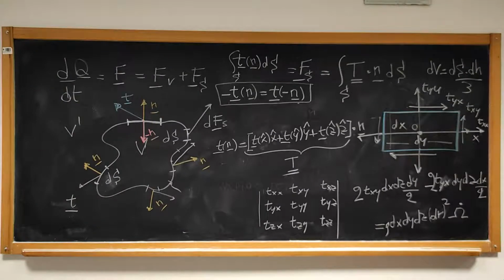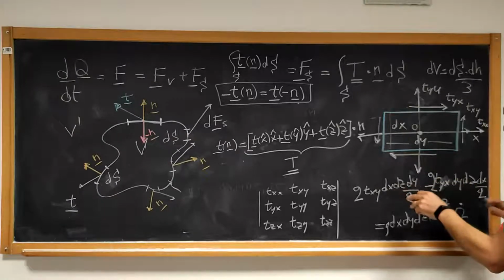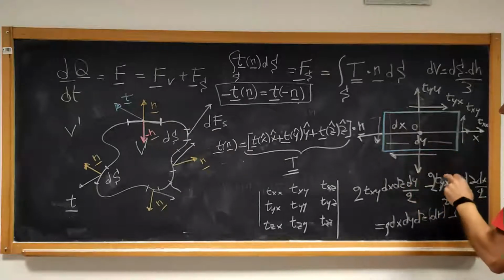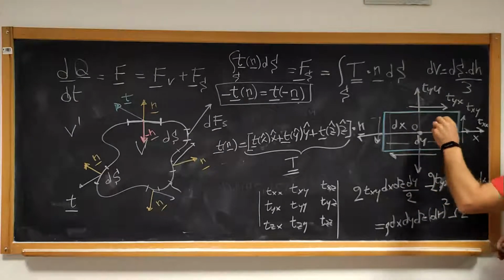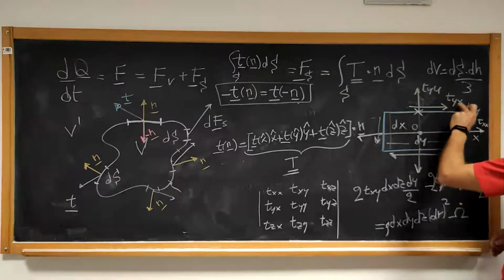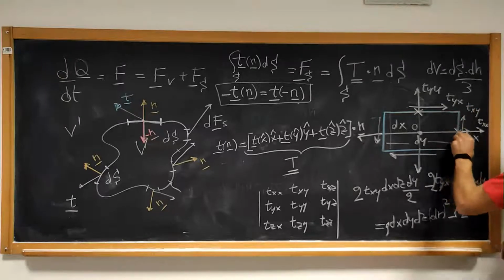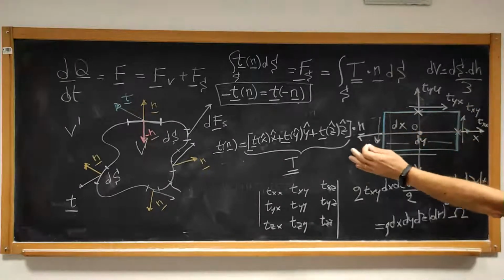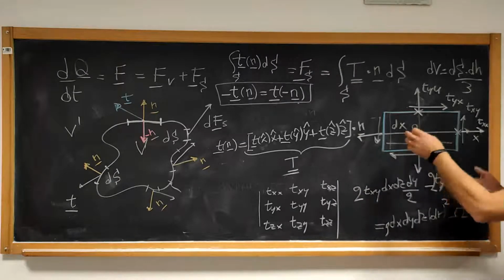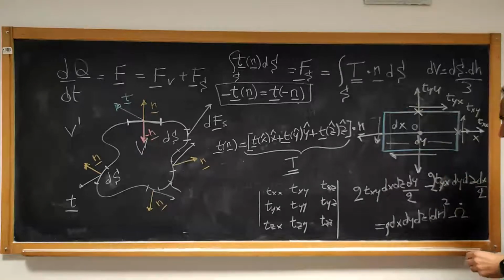Now again, the same as before, we want to know how the different elements of this tensor at the same point are related, and we are not answering the same question because tyx is here and txy is here. So what we need to do is to shrink this parallelepiped at the origin while keeping the shape constant.